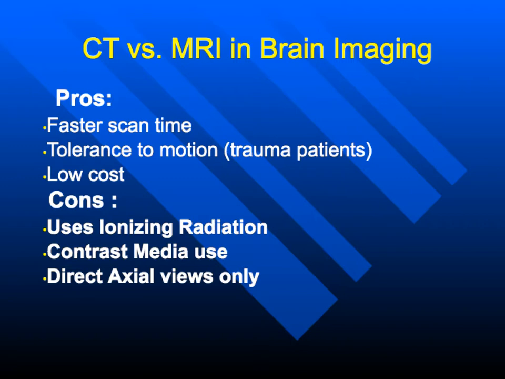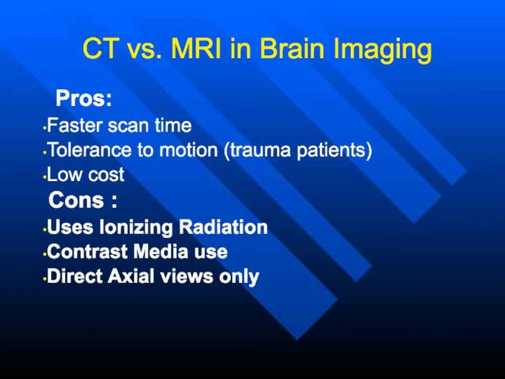Whereas, if I want to talk about good things about MRI, yes, it'll give you axial, coronal, sagittal directly from the anatomy. It doesn't use any ionizing radiation. There is no known biological effects of MRI yet, although we may find something that's dangerous.